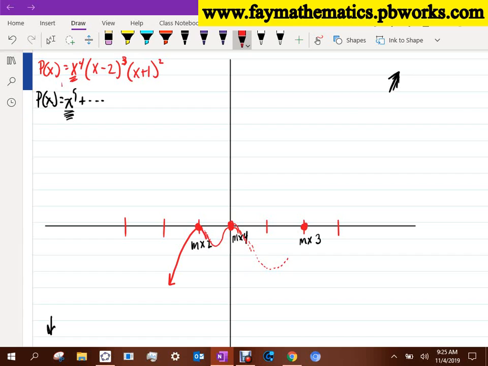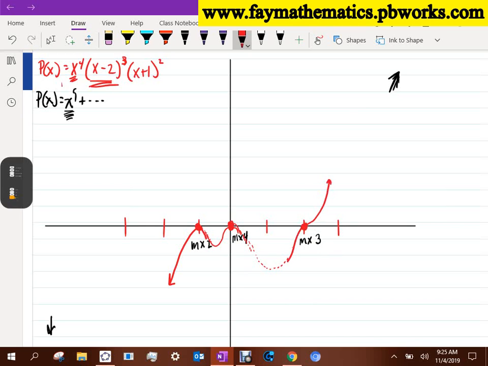Do you make it dotted line or should we? Well, I'm going to make it dotted just to kind of prove a point here in a minute. If the 0 was to the third right there, it does not just pass through straight. If it passes through straight, that would tell me it's to the first power. The third power, to the right of it's going to look like that.